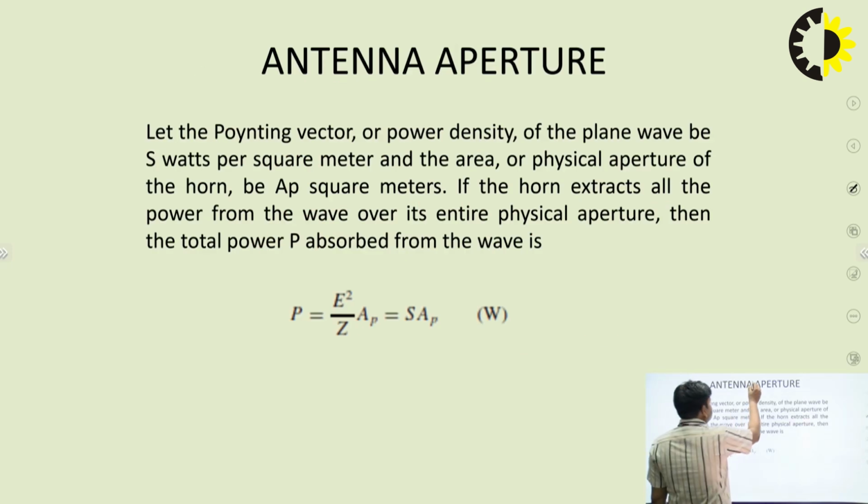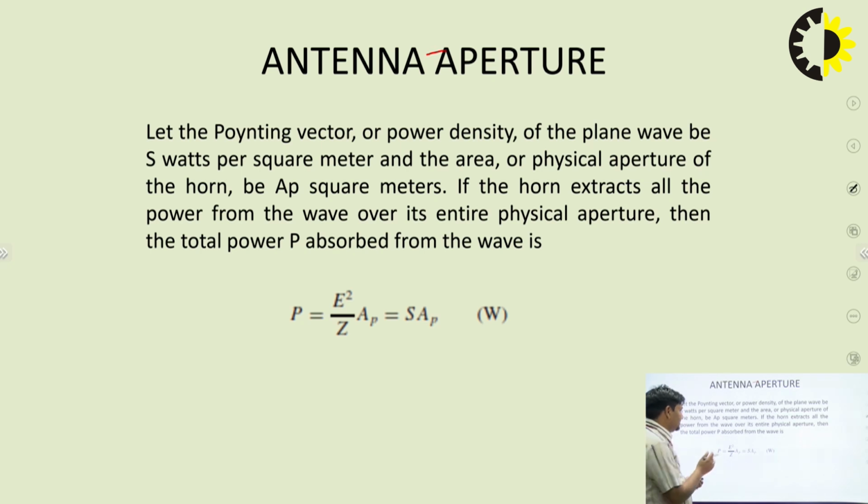Next is antenna aperture. How much power does an antenna receive? Suppose some antenna radiates power and a receiving antenna receives that power. If I radiate 100 watts of power in the air, how much power is received by that antenna?